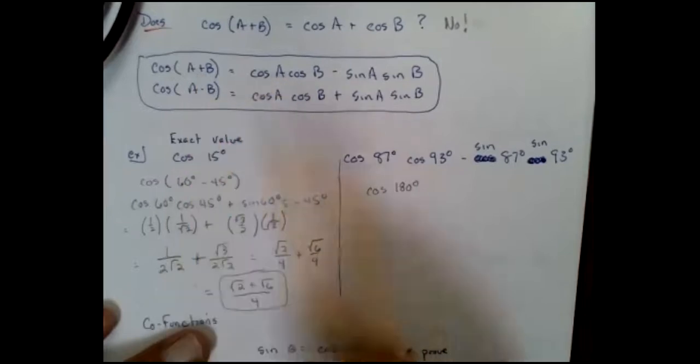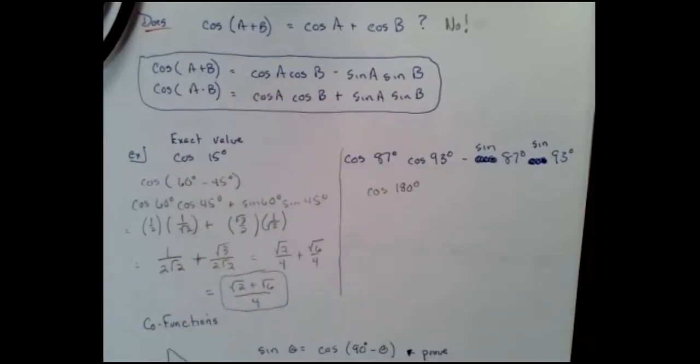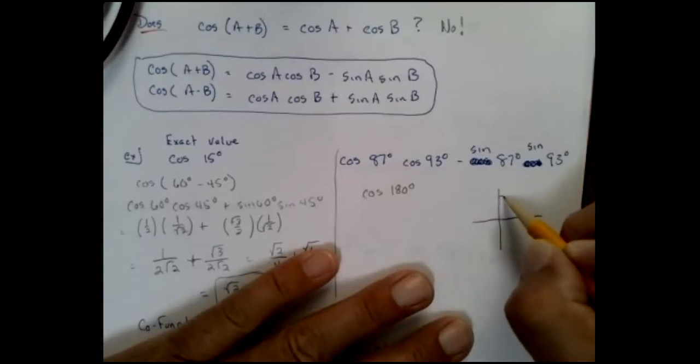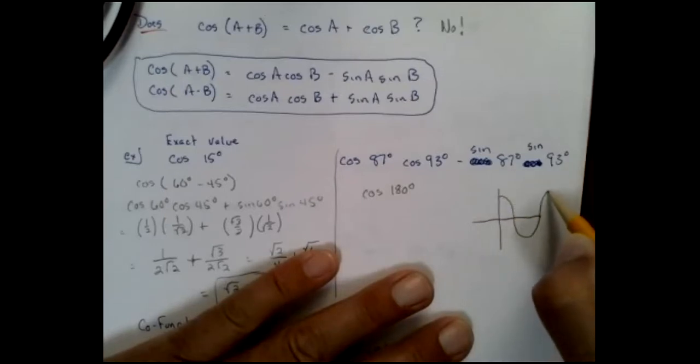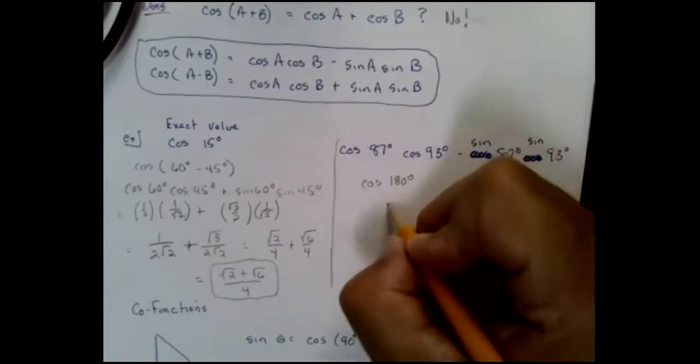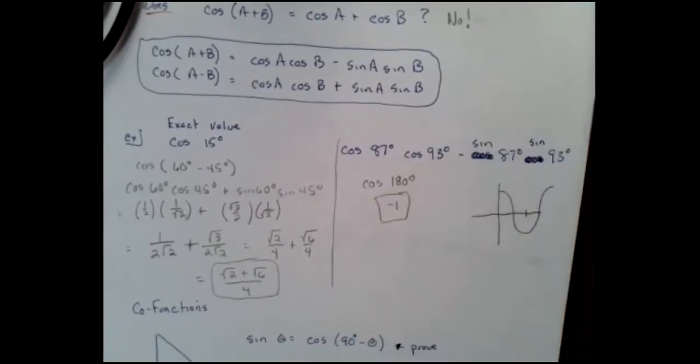The left side says add that. Cosine of 180, yeah, I know cosine of pi. That's also 180, which is -1. Nicely done.